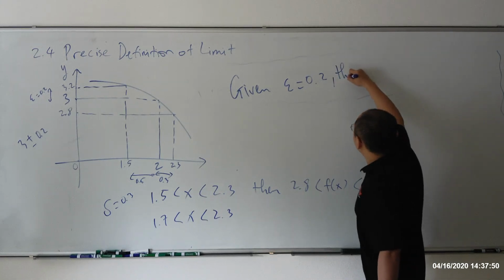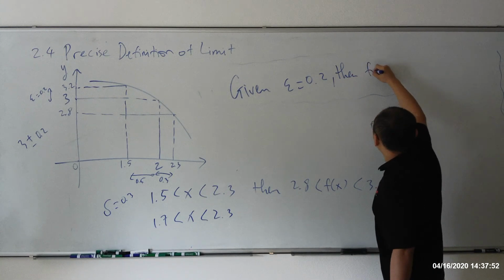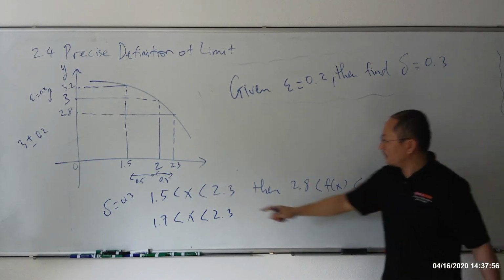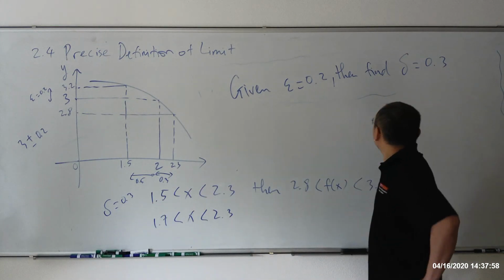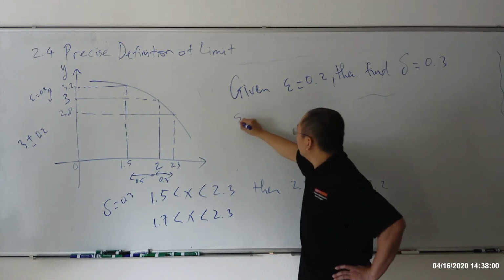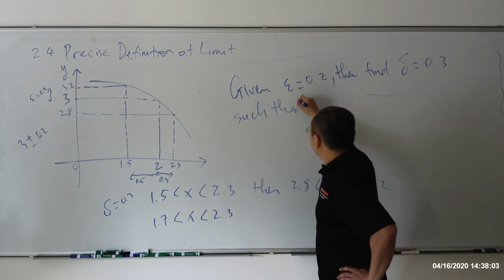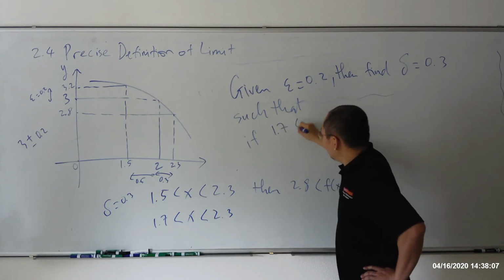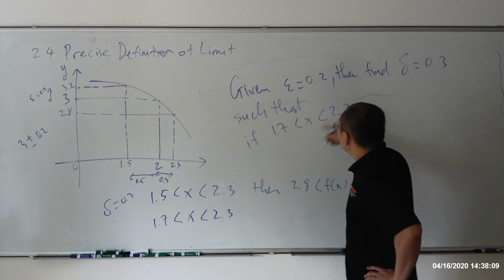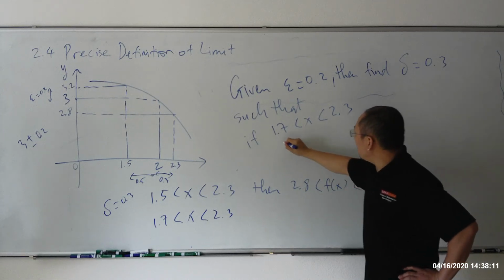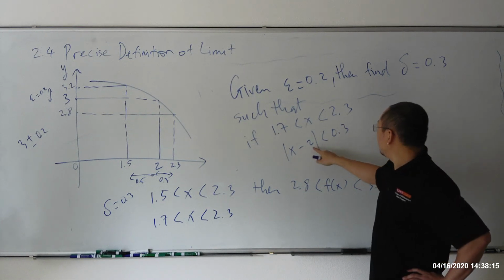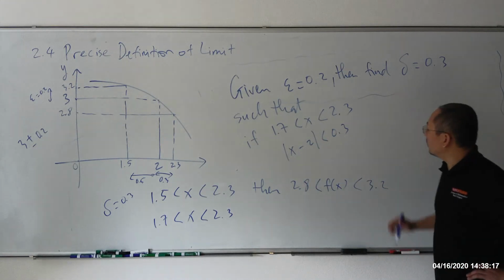Then I can find delta equal to 0.3 such that if 1.7 is less than x, less than 2.3, this is another way of saying that the absolute value of x minus 2 is less than 0.3, right? 2 minus 0.3 and 2 plus 0.3.